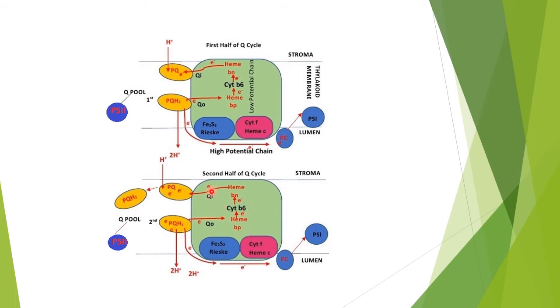But it is in relation to this Q cycle because it helps in the translocation of the protons. 2 protons here, then 2 protons here, that is 4 protons are translocated from the stroma side towards the lumen side. So we have understood that there is a Q pool and that is responsible for operation of this Q cycle.